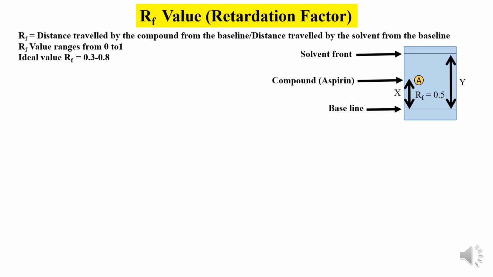The RF value ranges from 0 to 1 and the ideal RF value would be somewhere around 0.3 to 0.8. In this particular experimentation, RF value is equal to X by Y, that is equal to 0.5, for aspirin.